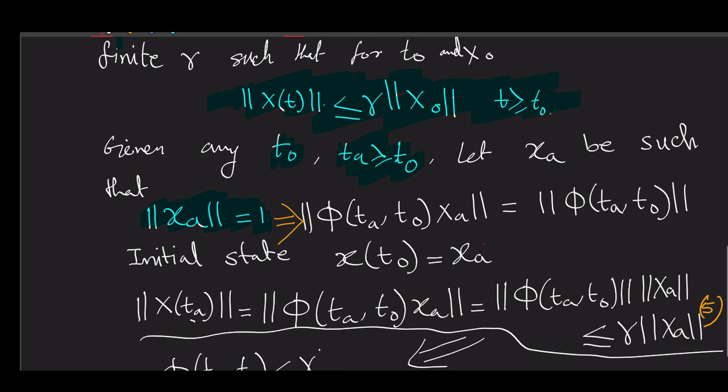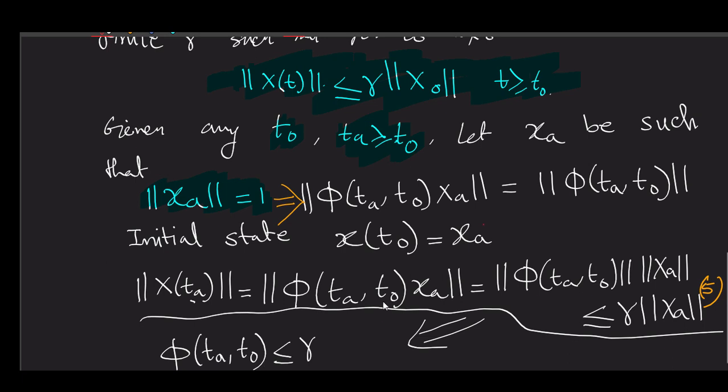So this clearly indicates phi(ta, t naught), the whole state transition, is upper bounded by your gamma.